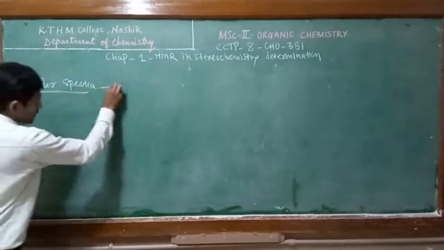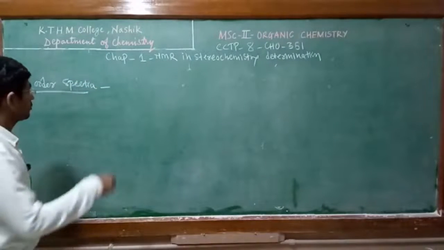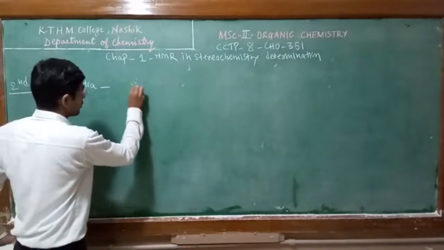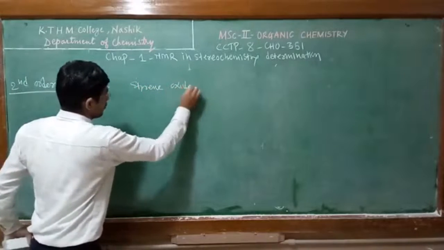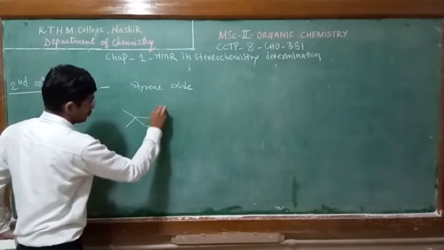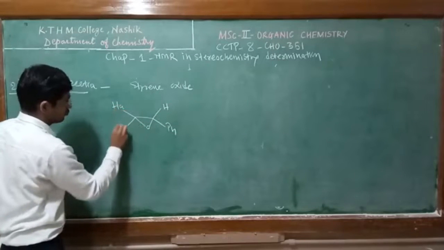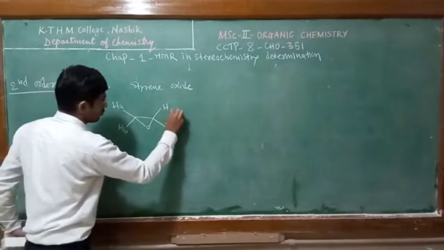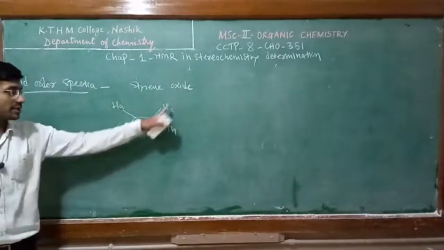So this spectra cannot be interpreted with the help of the n+1 rule. So we take the example of styrene oxide. Suppose we give the notation HA, HB and HC.